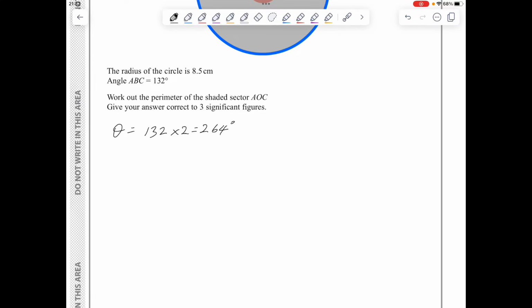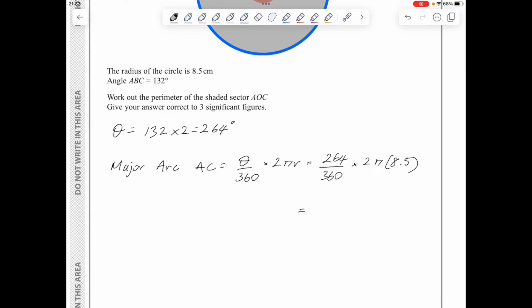Now, major arc AC equals theta over 360 times 2 pi r. So 264 over 360 times 2 pi times 8.5.